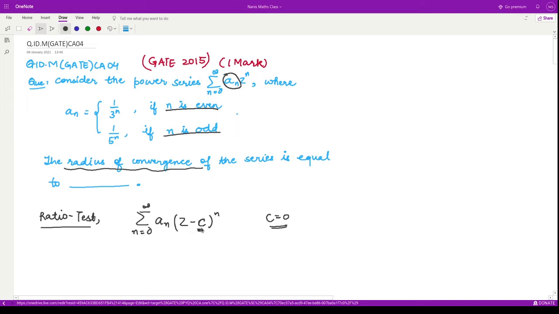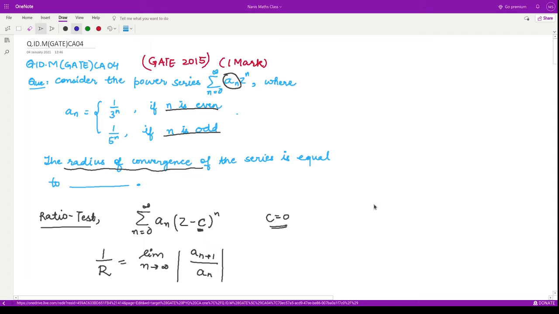This converges whenever the limit n goes to infinity of mod of a_(n+1) divided by a_n is less than 1, and particularly we say the term 1/r is equivalent to the limit n goes to infinity of modulus of a_(n+1) divided by a_n. So this formula we shall be using.